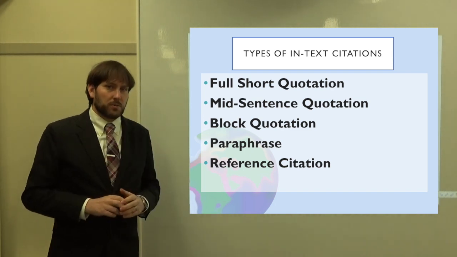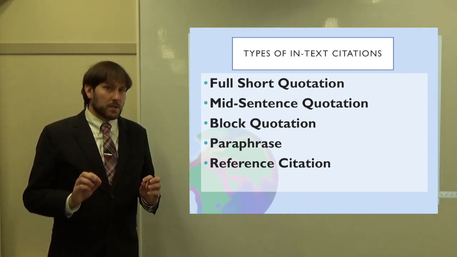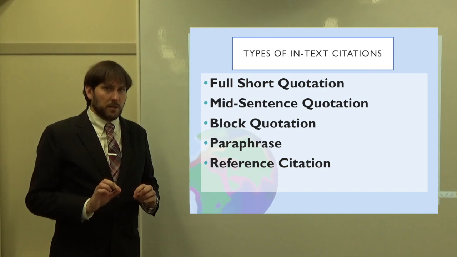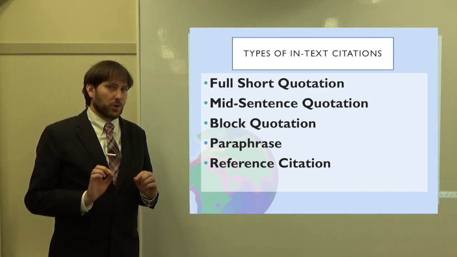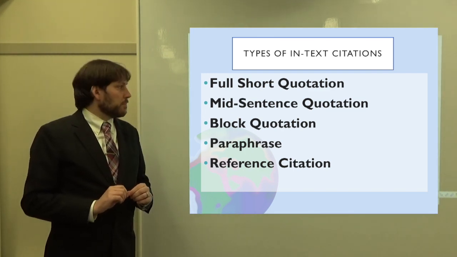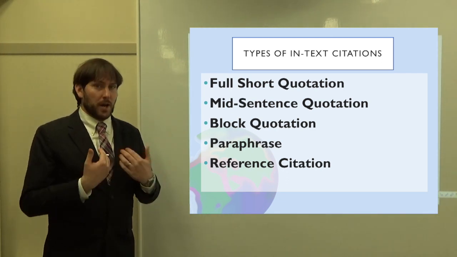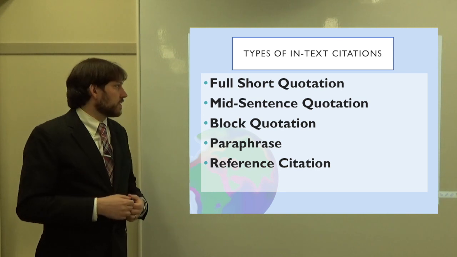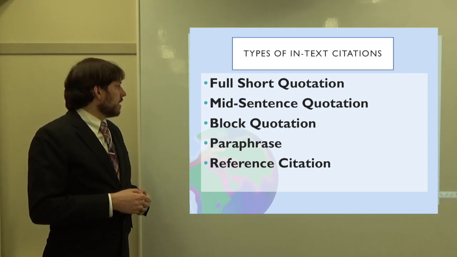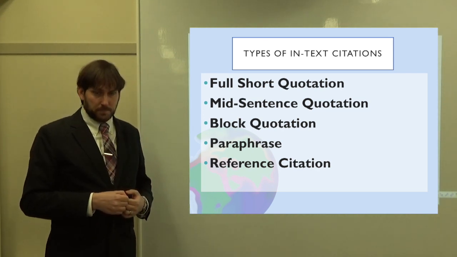Next one, a mid-sentence quotation. I think this is not allowed in Japanese, but in English this is allowed and encouraged. What a mid-sentence quotation means is that half of the sentence is my words and half of the sentence is not my words.